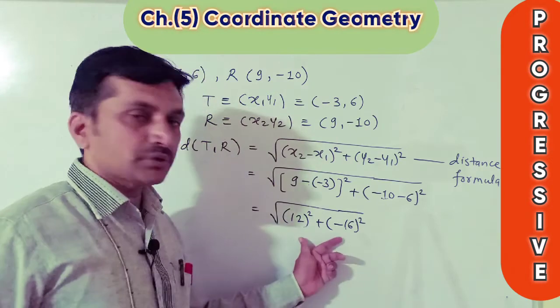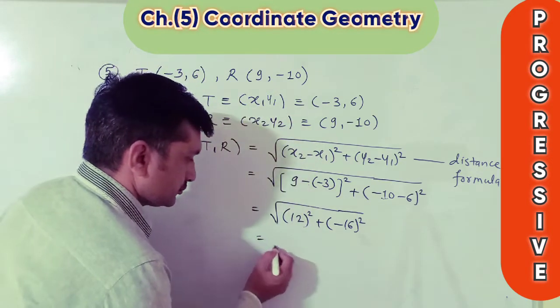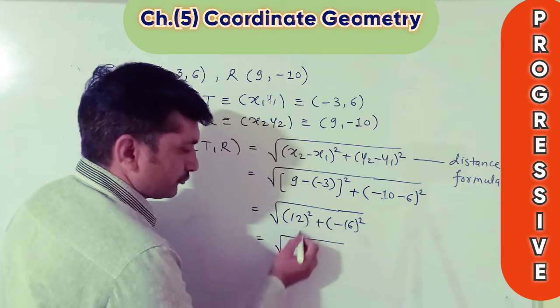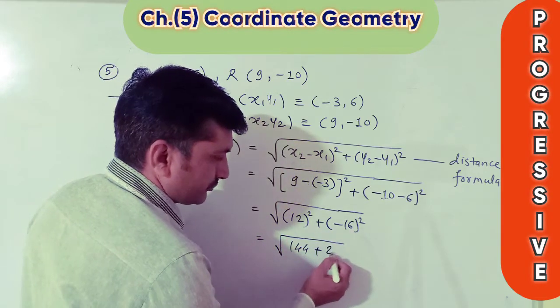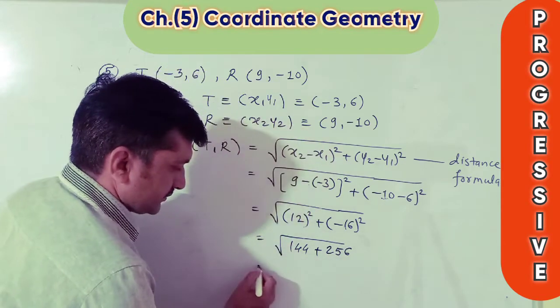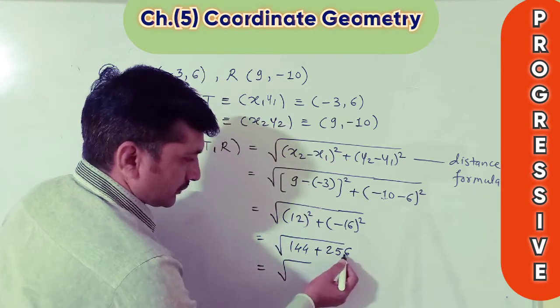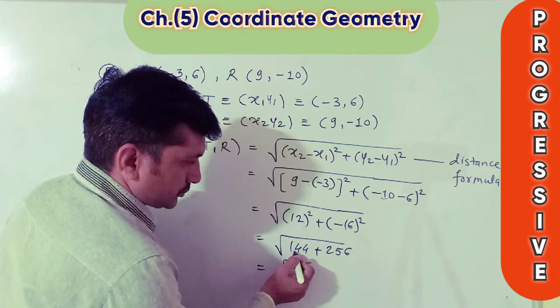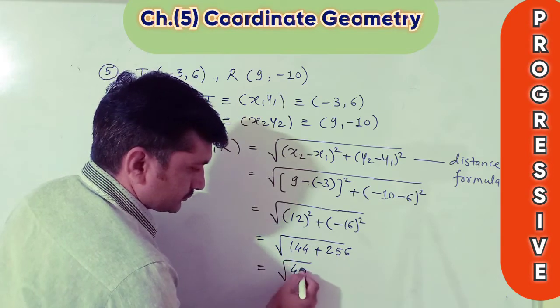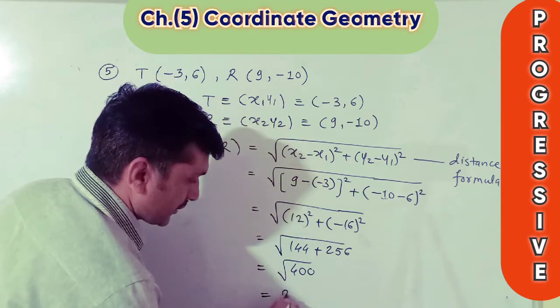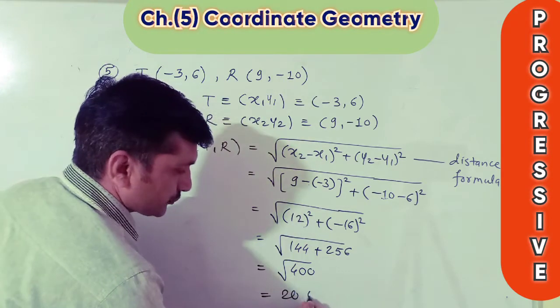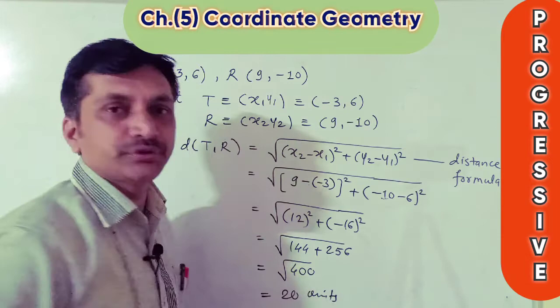Now here we have to write squares of these numbers. Square of 12 is 144 plus square of minus 16 is 256, is equal to square root of addition 400, and it is a perfect square. Square root of 400. Therefore, distance TR is equal to 20 units.